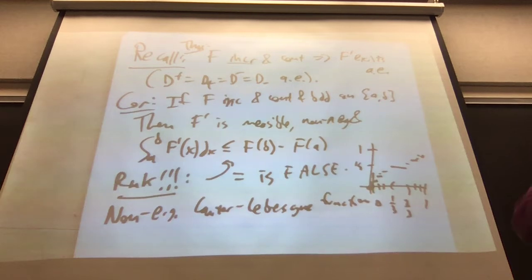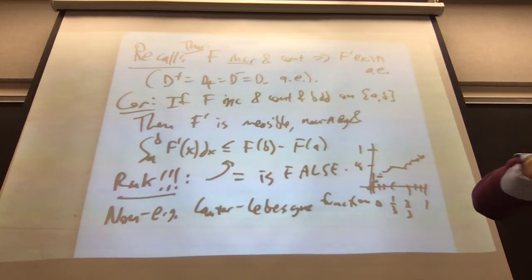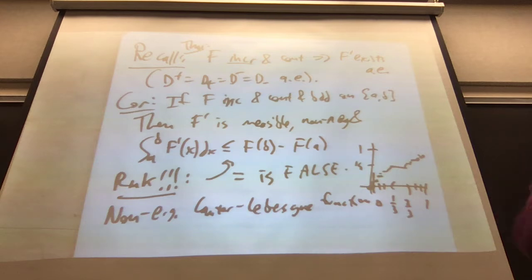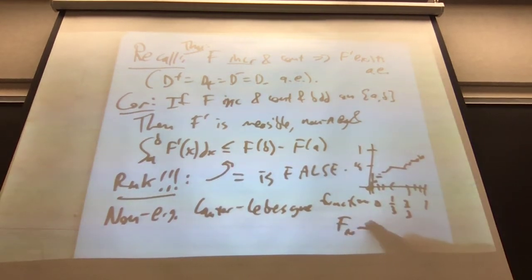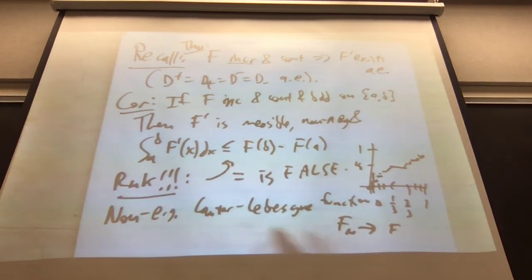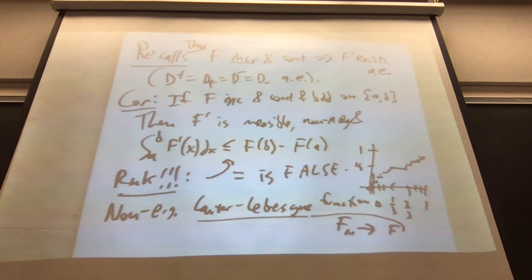And so at the nth stage, you'll fill it in with linear bits to make a continuous function. In fact, they're uniformly continuous functions. So fn converges to f, which is the Cantor-Lebesgue function. And they're uniformly continuous, so f is continuous.